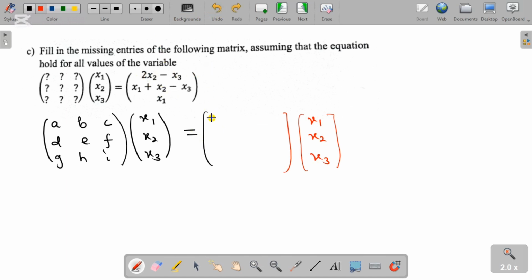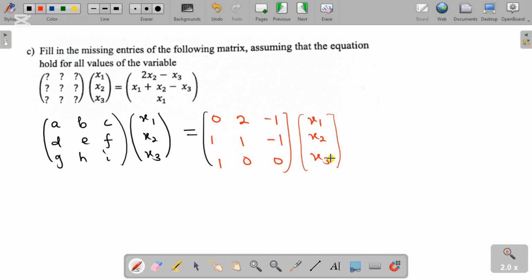So watch what I'm going to do. The first component here will be x1. Remember, x1 is the first component, and there is no x1 here. It means that the coefficient is 0. Your x2 has coefficient 2. Your x3 is minus 1. x1 here, the coefficient is 1. x2 here, 1. x1 here, minus 1. x1 here is 1. x2, no x2. x3, no x3.